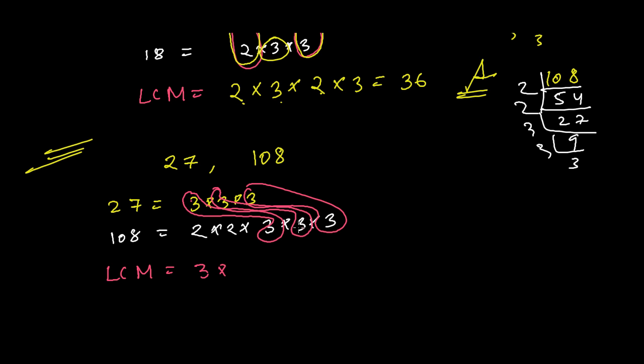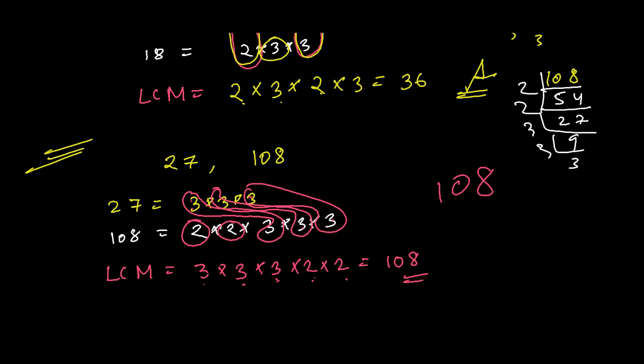And this 2 is unpaired with 27, so I'll write that 2 also. This 2 is also unpaired with 27, so I'll write this also. So now the LCM will be 3 times 3, 9, 9 times 3, 27, 27 times 2, 54, and 54 times 2, it's 108. So 108 itself is the first number.